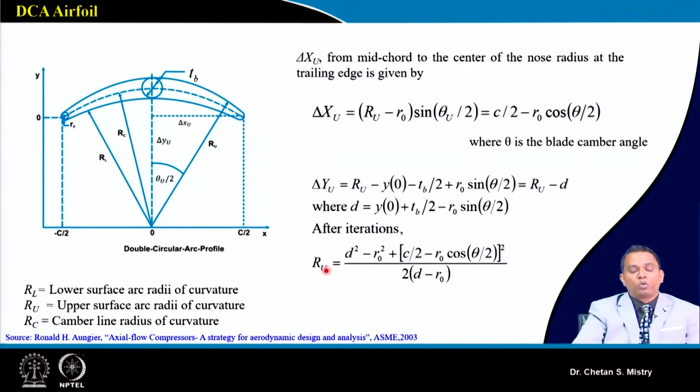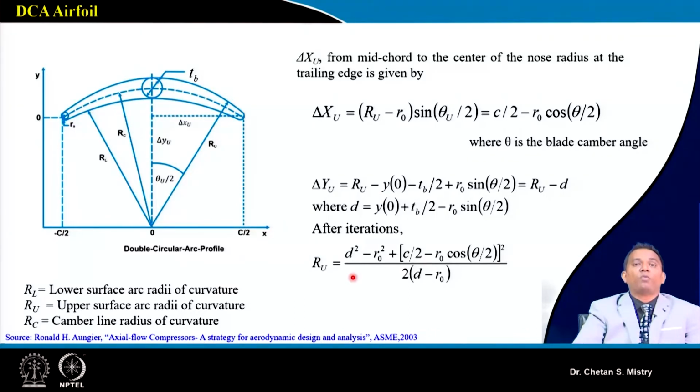Now in order to achieve this curvature, or the radius of my upper surface, we need to go through a number of iterations solving the upper surface and lower surface, and that will give the radius of my upper surface as a function of d, my r0, that is nothing but my radius at the leading edge, my chord, and my camber line or camber angle.